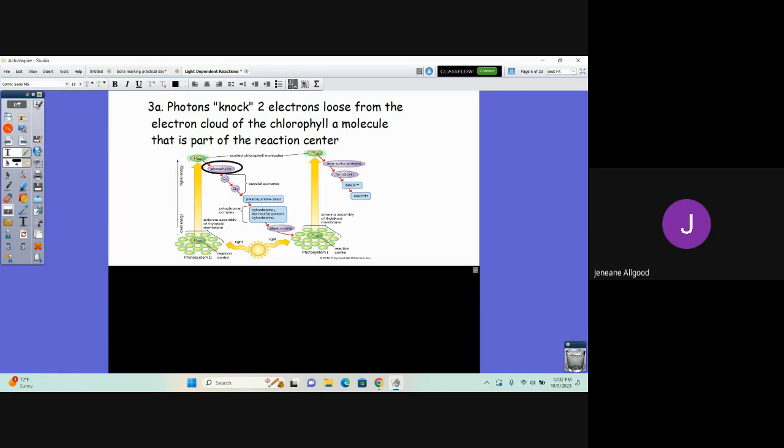Okay, so again, the photons will come in. Once they get to the reaction center, they're going to knock two electrons loose from chlorophyll A.